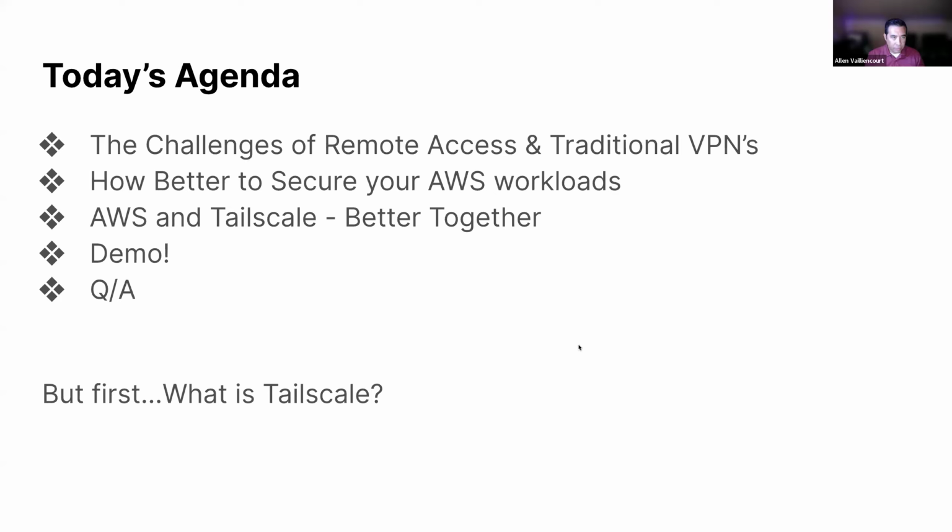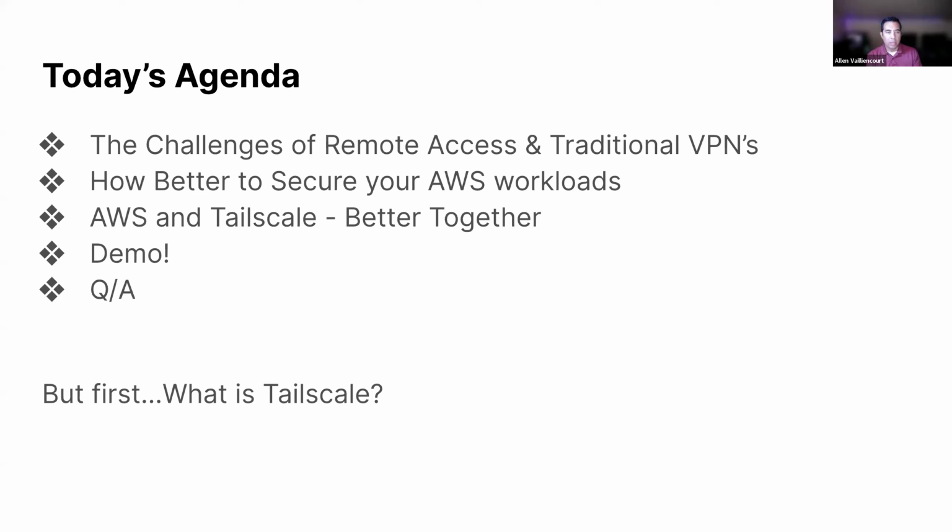And while the poll's up, so the agenda, we're going to talk a little bit about challenges of remote access and traditional VPNs, traditional tools that people are using to manage access to everything. Then we're going to talk a little bit about how better to secure your AWS workloads. AWS is awesome. They're everywhere.